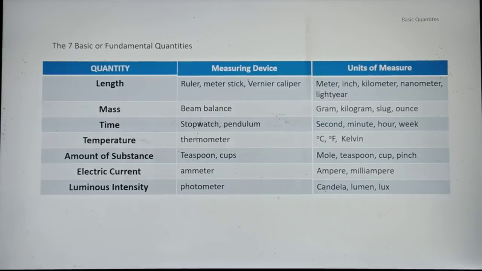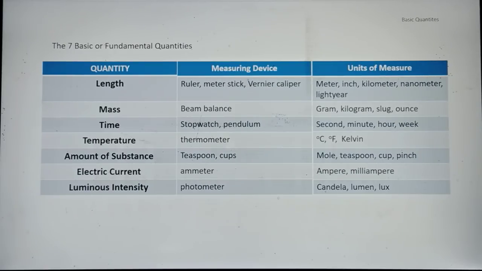For temperature are degree Celsius, degree Fahrenheit, Kelvin. For the amount of substance, mole, teaspoon, cup, pinch. For electric current, ampere, milliampere. And for luminous intensity, candela, lumen, and lux.